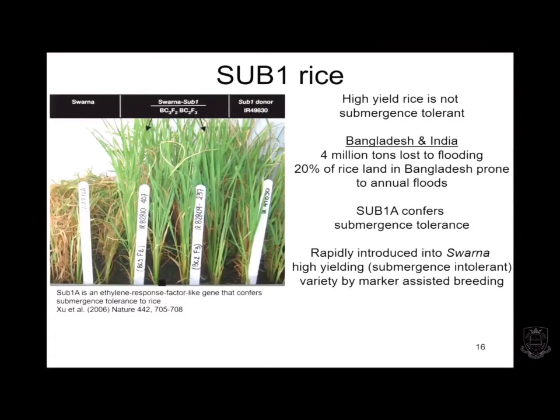The sub-1A gene was only finally cloned and characterized in 2006. That was published in Science, a high-impact publication. And the point I'm trying to make is that the breeders had actually already introduced this trait into high-yielding varieties before the gene was ever cloned.